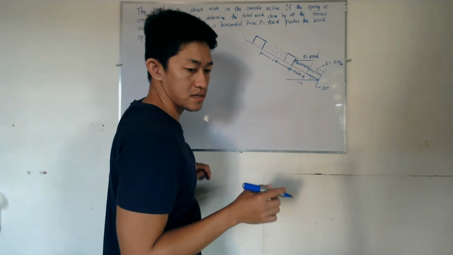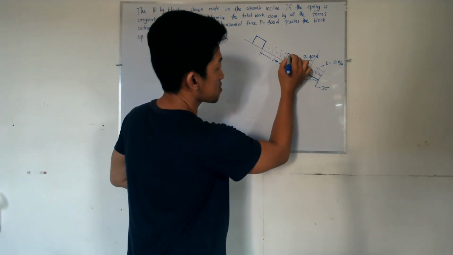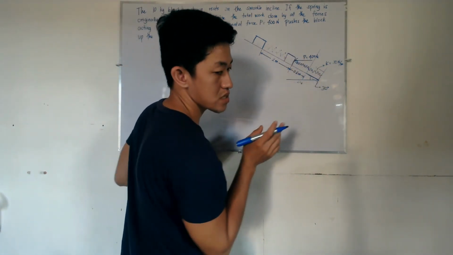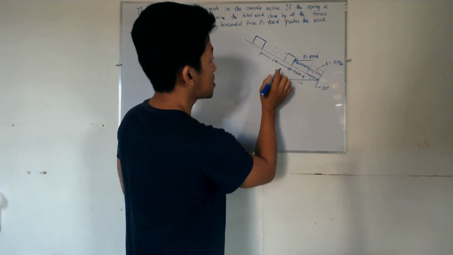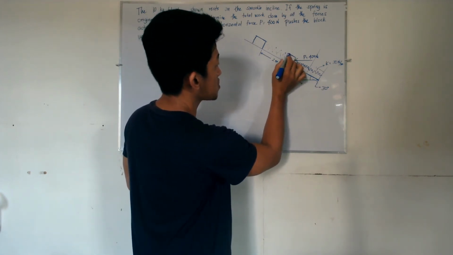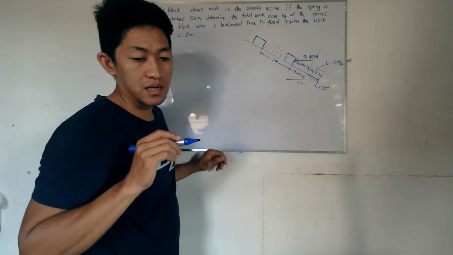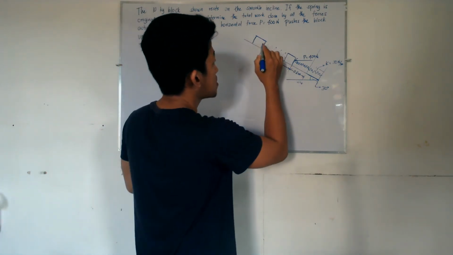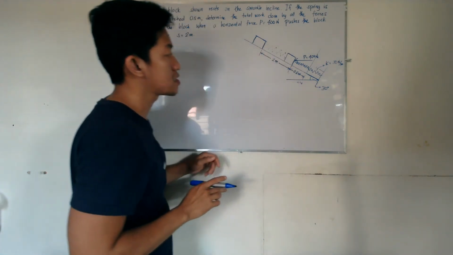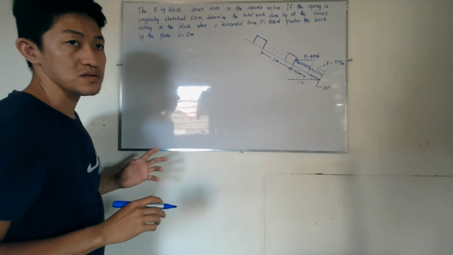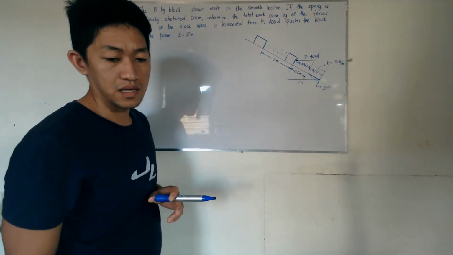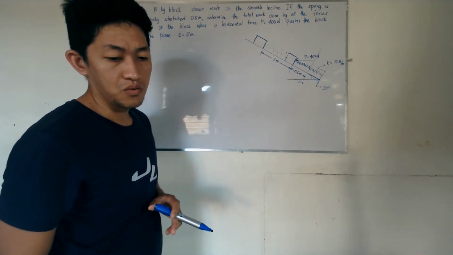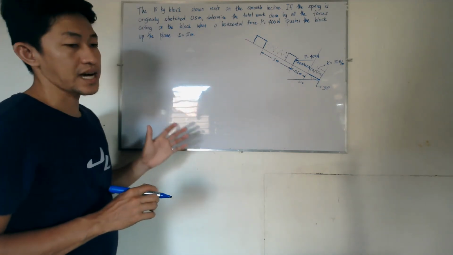So the scenario is that the spring is already stretched 0.5, and from this position it is pushed up 2 meters. We are to determine the total work done by all the forces.